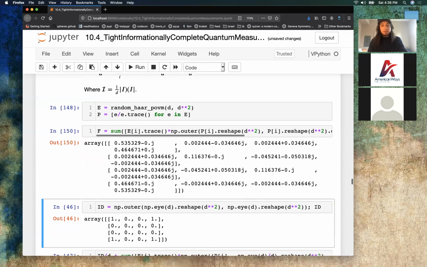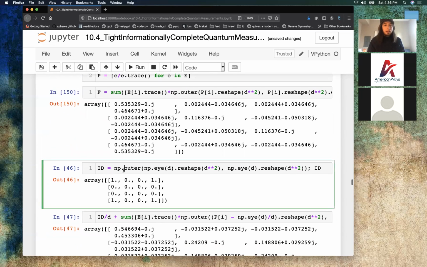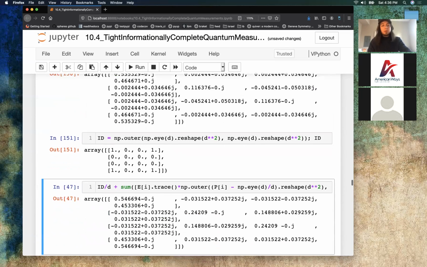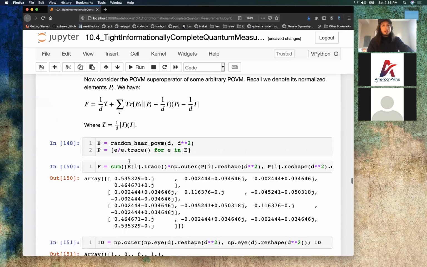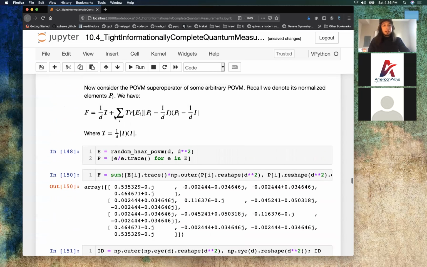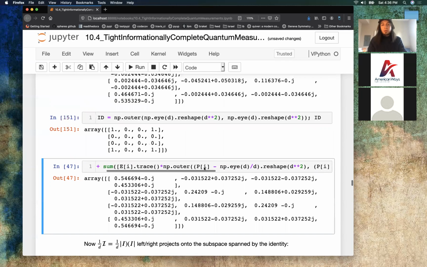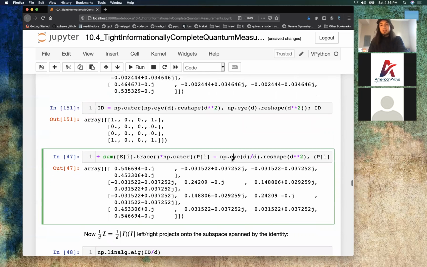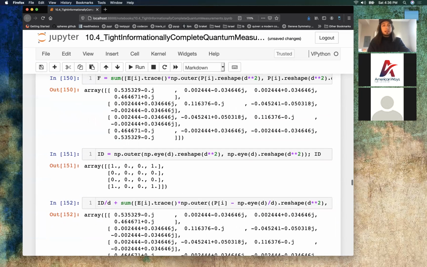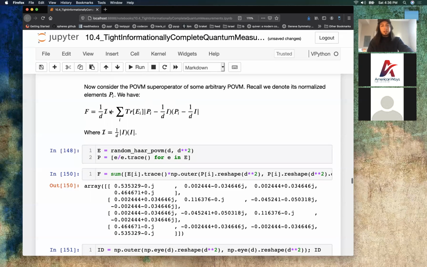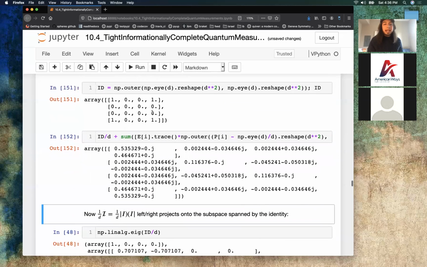There it is, F. Here's that identity superoperator, and then this is just this formula from here. We're subtracting off the trace-full piece and then adding it back over here. And you can see that this is just the same as that. Just checking it out.